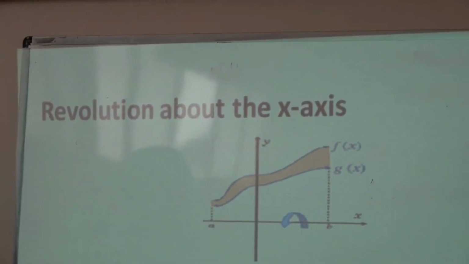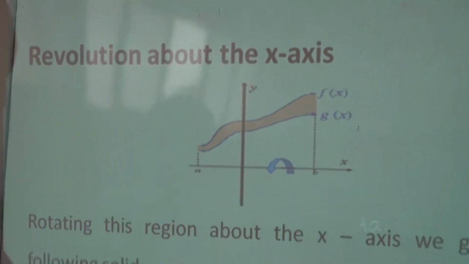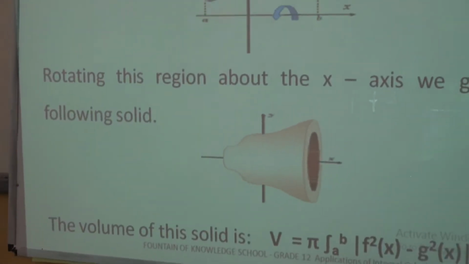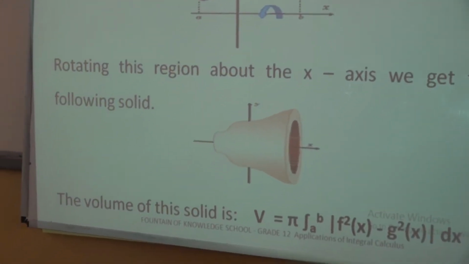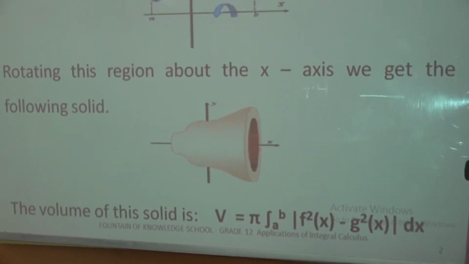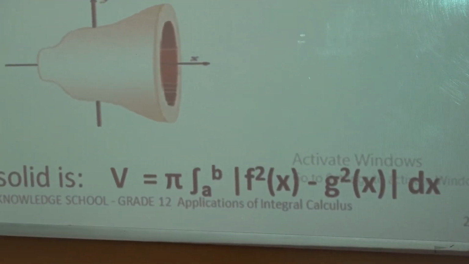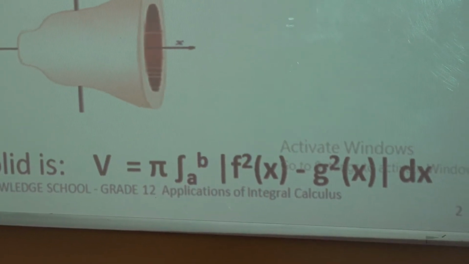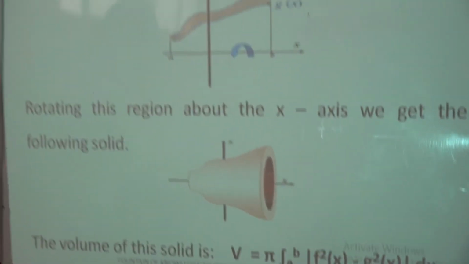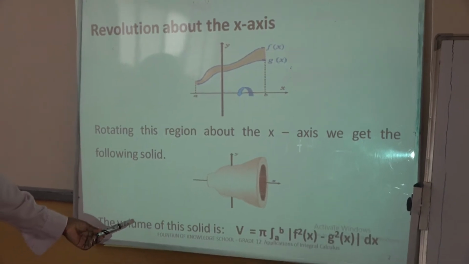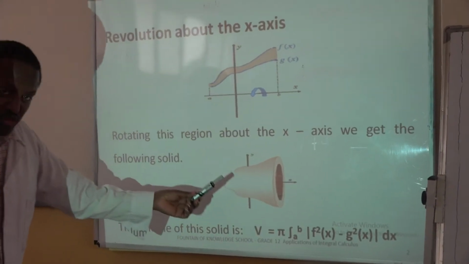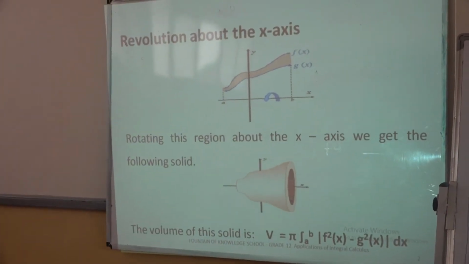And the volume of this solid figure can be obtained by the formula pi, the integral from a to b of the absolute value of f square x minus g square x dx. So this is the formula for volume of solid of revolution about the x-axis.